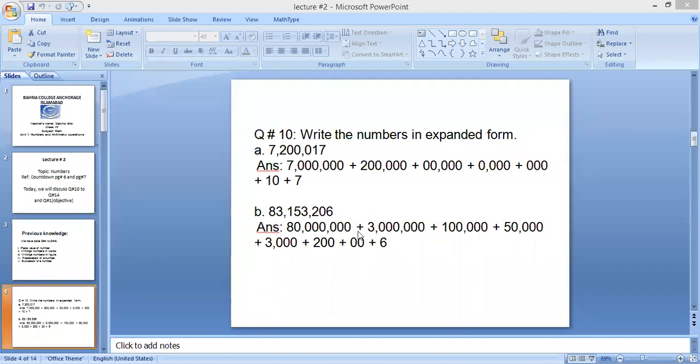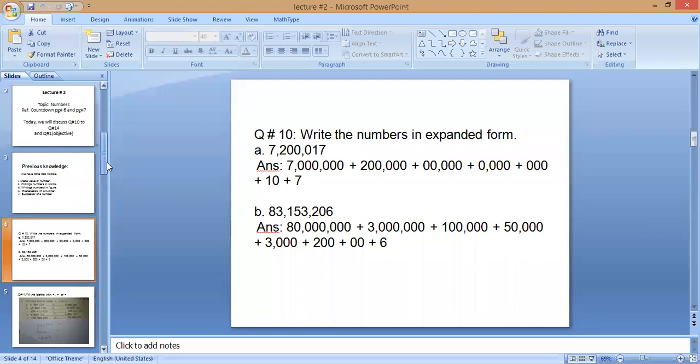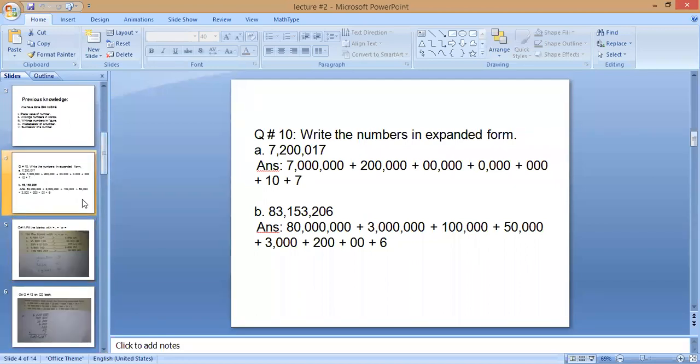This is the expanded form of this question. Okay, now come to the next question. You have to solve C and D parts by yourself, same like A and B. Okay, come to the next one. Our next question is question number 11.